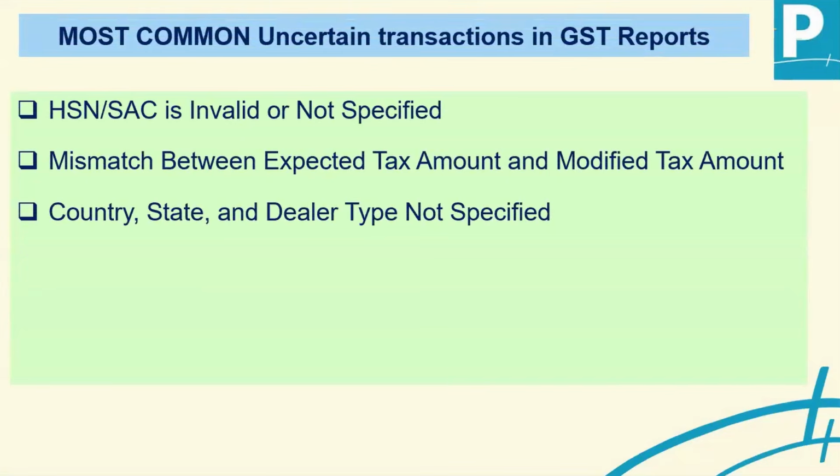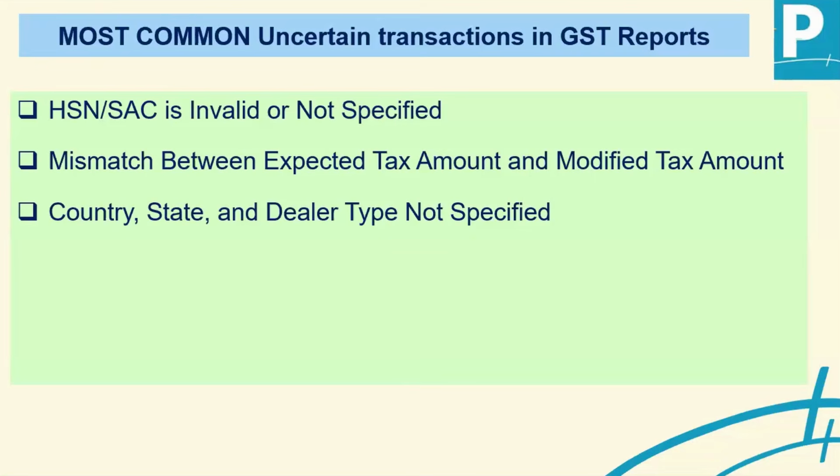This is usually forgotten while creating a ledger. They'll create a name, addresses, and everything, but even the state they used to forget. And particularly in the place of supply, they have to select a particular state. Otherwise, that would be a huge error.